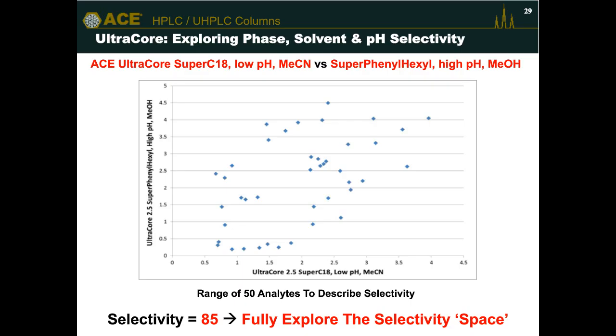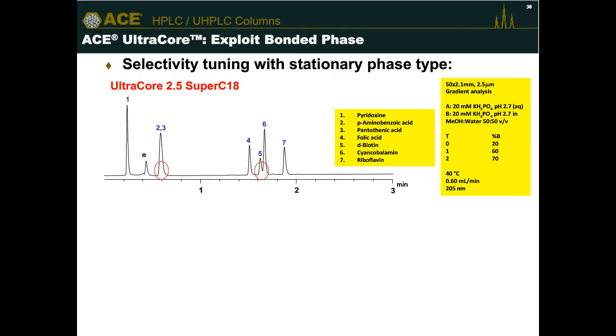So different stationary phases, different pH, and different organic modifier can be a fantastic platform for method development. And you can do it really quickly with these solid core phases because of the fast run times and the low back pressures. Just a couple of examples here, comparing a C18 versus a phenyl hexyl.